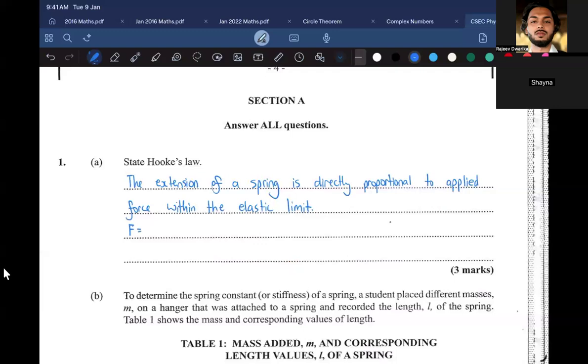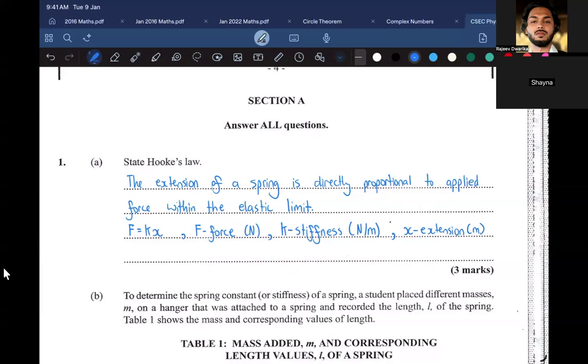F equals Kx, where F is force, measured in newtons; K is stiffness, and the units for stiffness are newtons per meter; and x is extension, measured in meters.